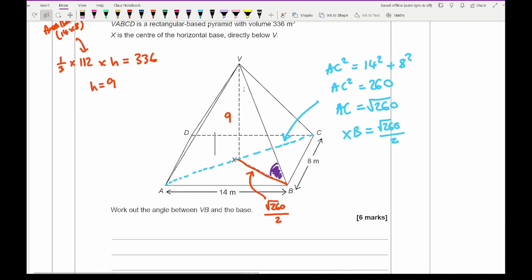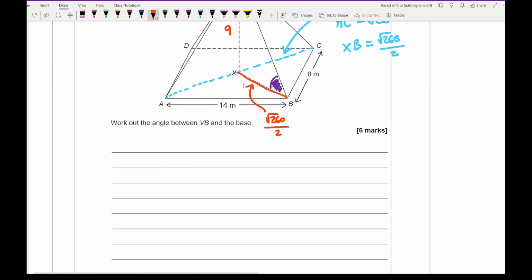Then from that, what I can then do is, of the triangle that I've got, and this is the angle that I'm working out, this is root 260 divided by 2. This length is 9. So then picking the right trig ratio, well, it's going to be tan. So tan x equals 9 over root 260 over 2.